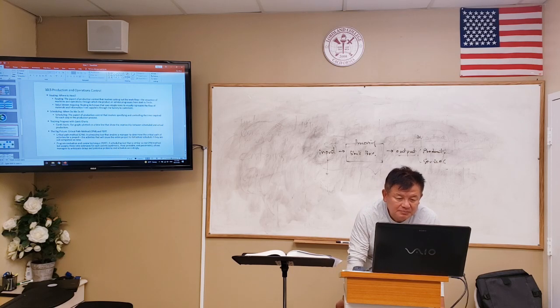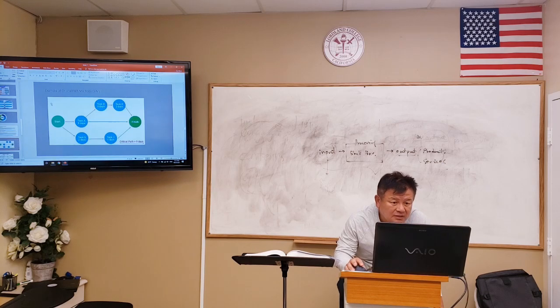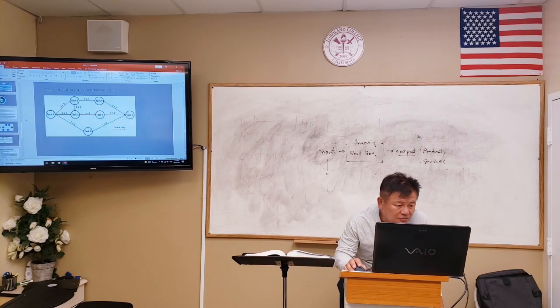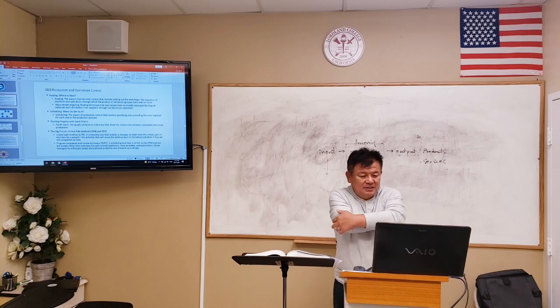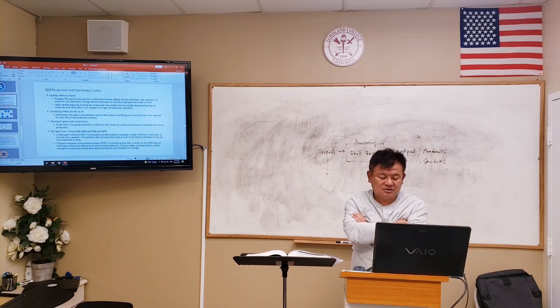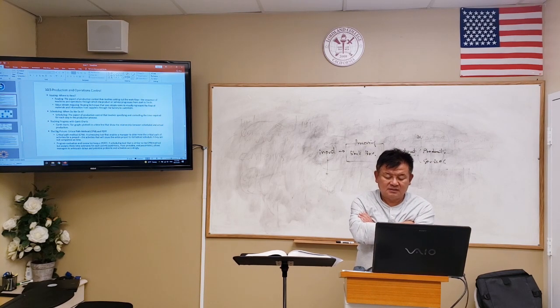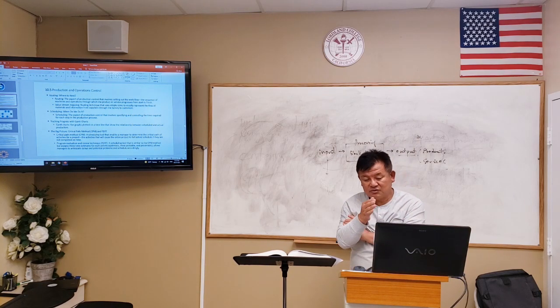And value stream mapping, routing. Okay, I'll show you the routing. Value stream mapping is a routing technique that uses simple icons to visually represent the flow of materials and information from suppliers through the factory to customers.